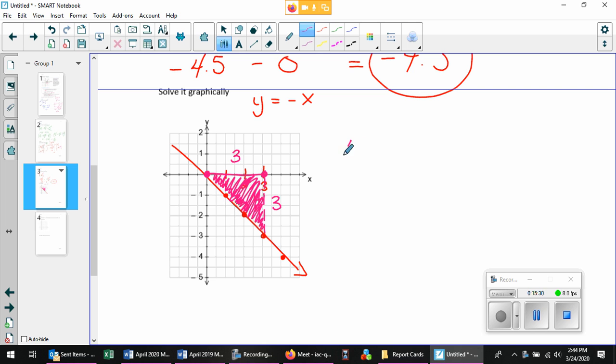For the area of a triangle, 3 times 3 divided by 2, which is 9 divided by 2, which is 4.5. And you're like, but our answer was negative 4.5. So here's the thing, any areas below the x-axis are considered negative areas.